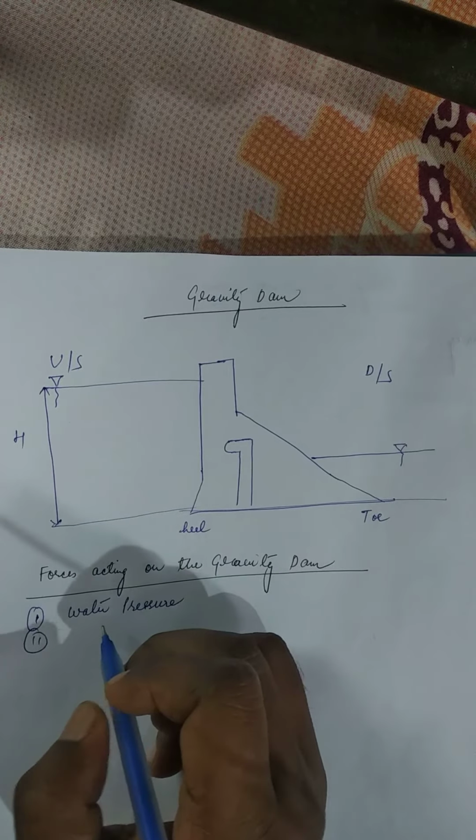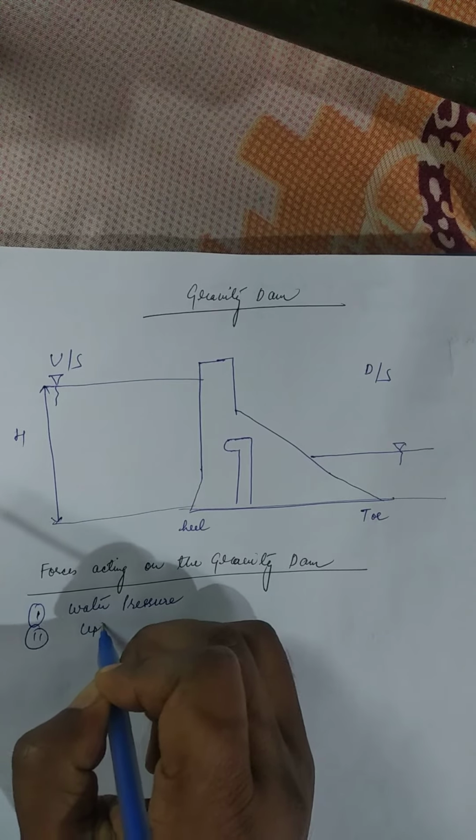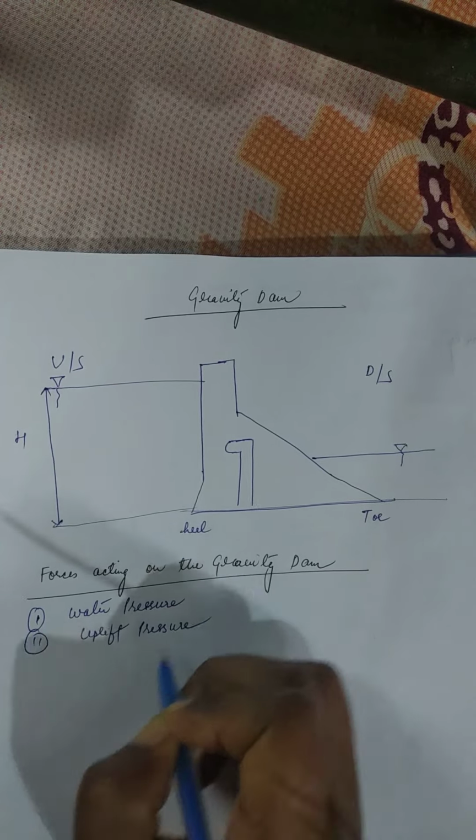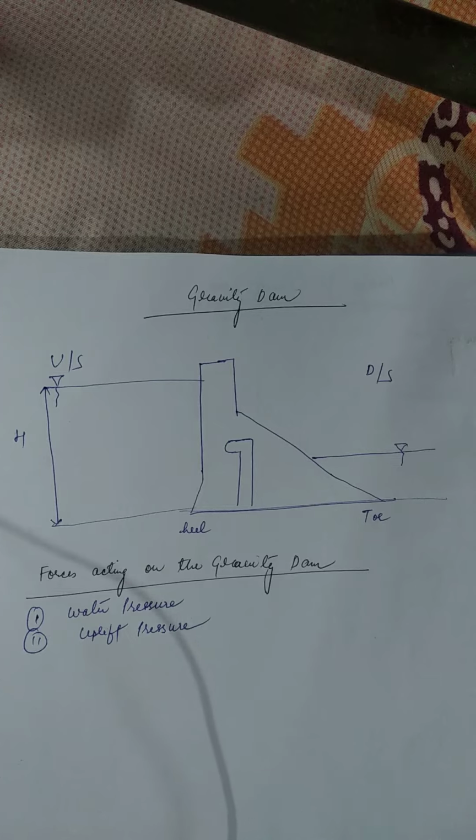Second one is the uplift pressure. The uplift pressure is nothing but the water pressure which is acting in the upward direction through the foundation of the dam. We know that the soil is a three-phase system.